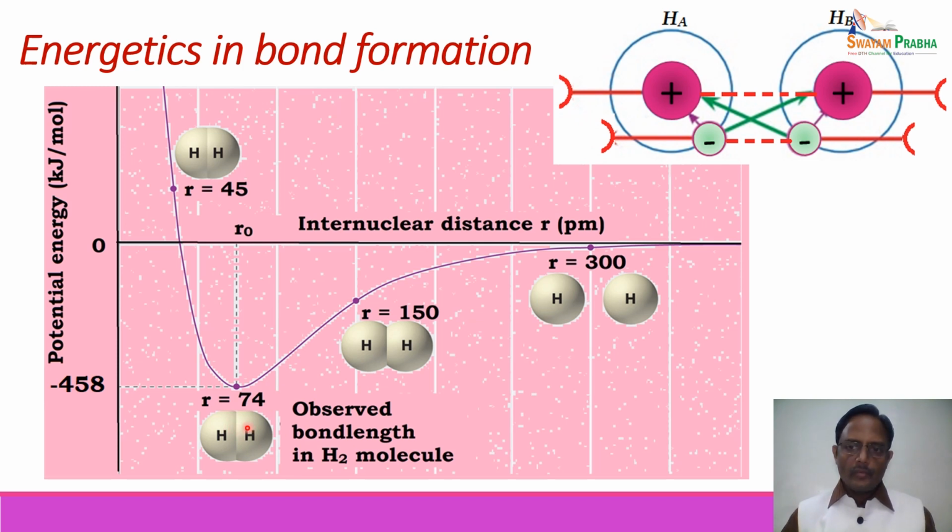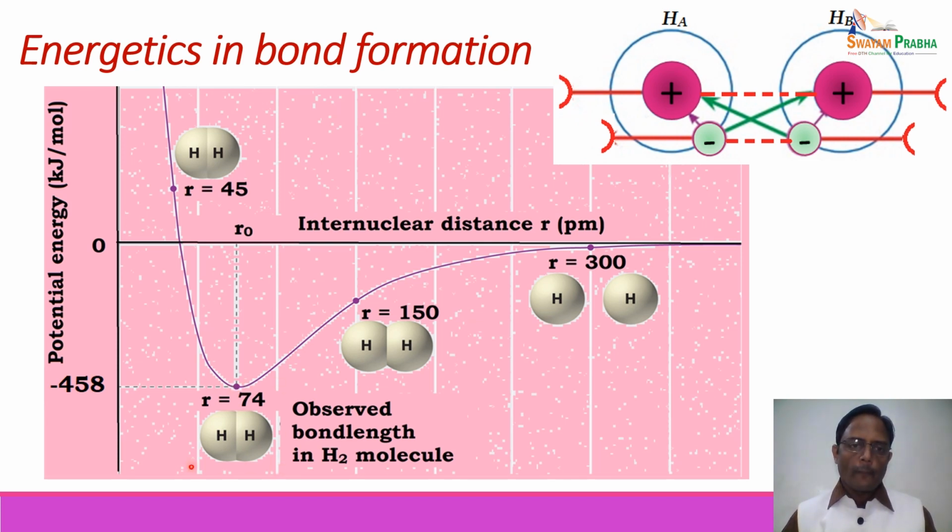Since the system is highly stable at this point, the atoms will not try to go in this direction or that direction, where the molecule would have to gain energy. So this is the most stable state and most favored condition, because of minimum energy and maximum stability.